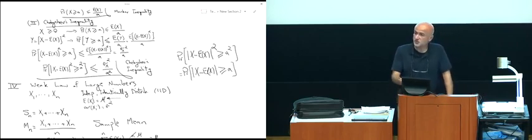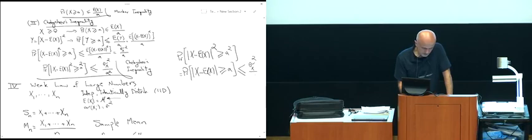To say that something squared is greater than some threshold squared, isn't that the same as saying the square root of this left-hand side is greater than or equal to the square root of the right-hand side? Now, what does Markov say? That this is equal to what? Isn't that what it says?